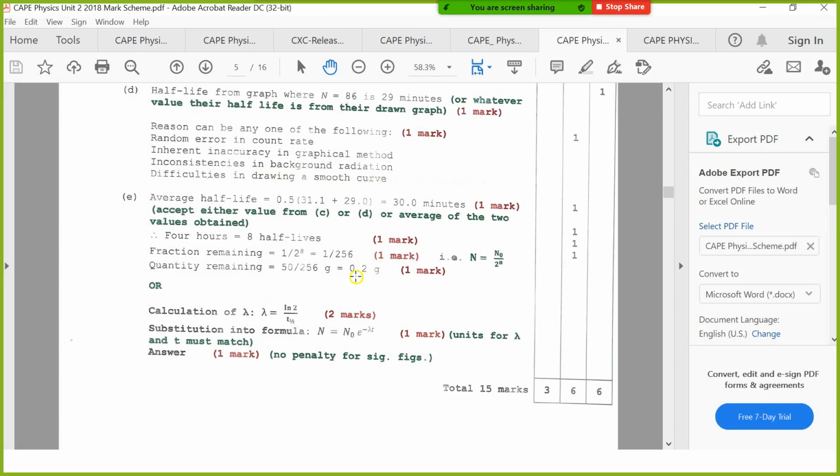So the value that they got is 0.2, right? And you might not get the same value in all the working out because your graph might not be completely related to their graph.